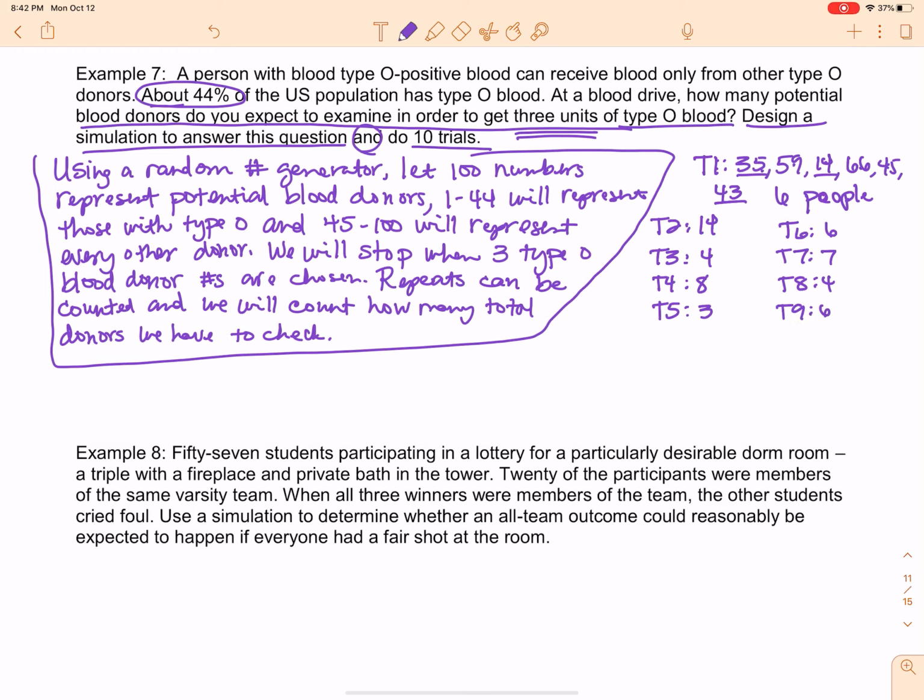Trial 9, 6. And trial 10 was 5 people. All right, so that's how many people it took me for each trial until I got 3 people with type O blood. So in order to see on average what this would look like, I'm just going to average all of those together. So let's do that real quick.